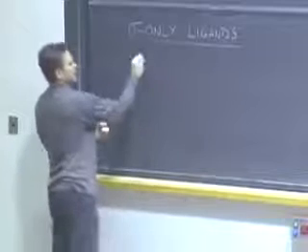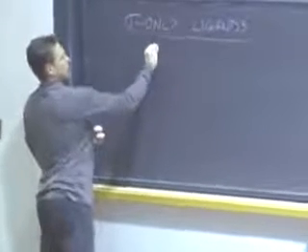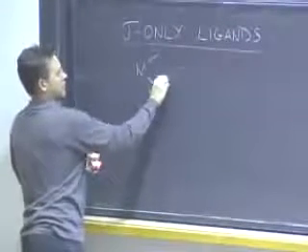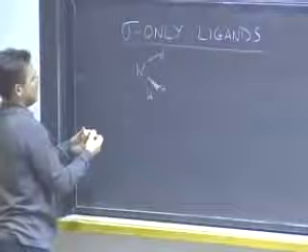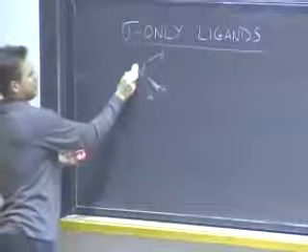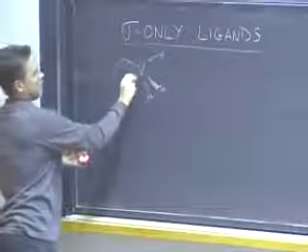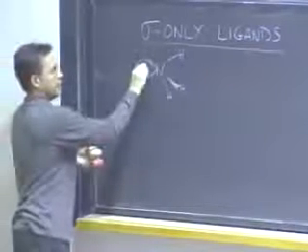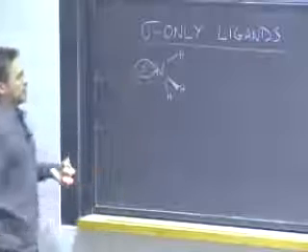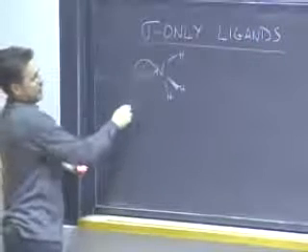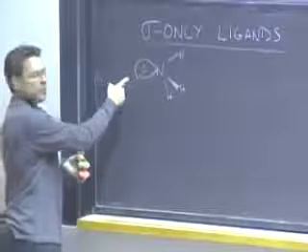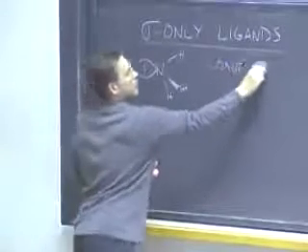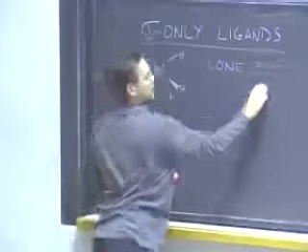Here's a typical sigma-only ligand, NH3. And for NH3, we've got a lone pair on the nitrogen here, and I'm drawing it in very simplified fashion, as you'll no doubt appreciate. There's our lone pair, and when this points directly at the metal, the lone pair can make a sigma bond to the metal.